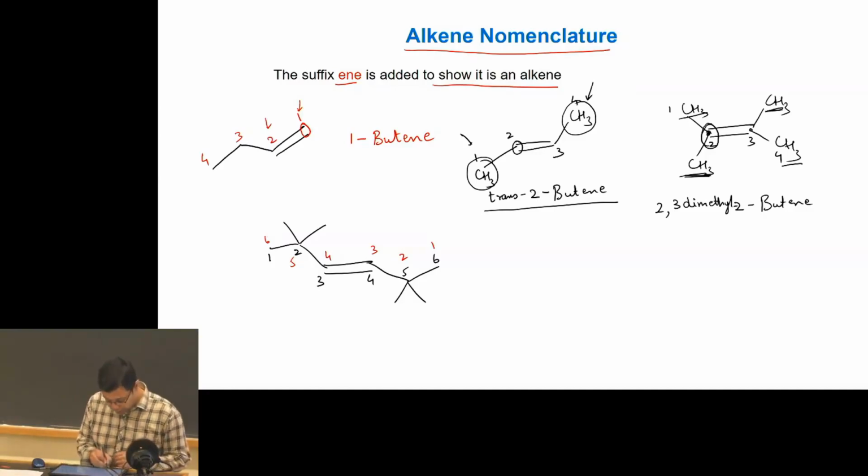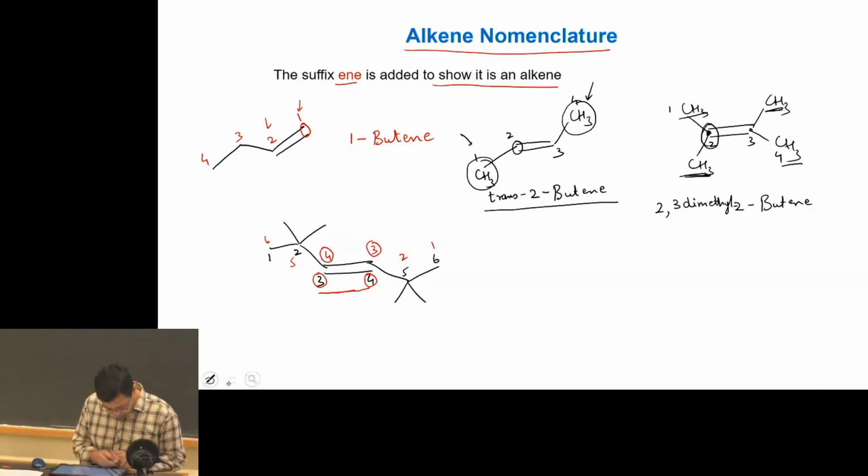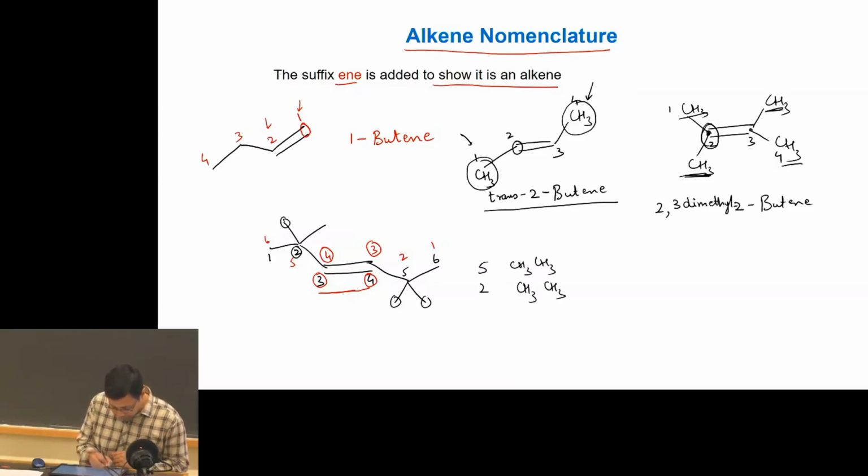You can take a look. In the black way of numbering, the double bond is between carbon 3 and carbon 4. In the red way of numbering, the double bond is between carbon 3 and 4. In the black way of numbering, the substituents are at carbon 5. You have 2 substituents, CH3 and CH3. At carbon 2, you again have 2 substituents, CH3 and CH3.